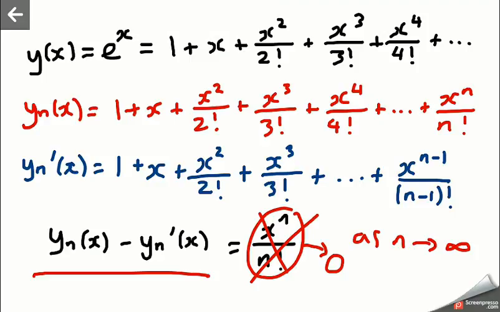That's what that's saying. Now another thing to observe is that as n gets bigger and bigger, yn of x gets closer and closer to y of x.